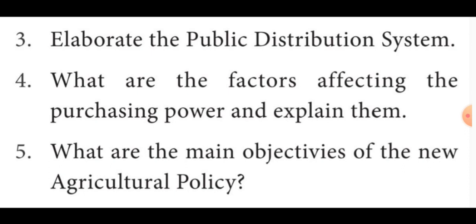Starting with the definition, you want to write: purchasing power is the value of currency expressed in terms of the amount of goods or services that 1 unit of money can buy. That paragraph you will mark. Then the factors affecting the purchasing power heading, those 6 factors fully you will mark.